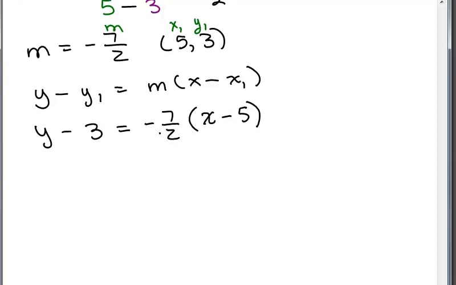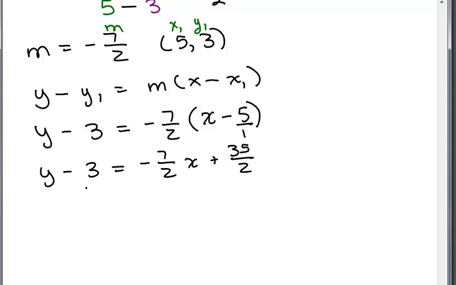So now we have to simplify this and solve for y. So I have y minus 3. Doing the distributive property over here, I have negative 7/2 x. All right, now if you distribute, think of this as 5 over 1, you're going to get plus 35/2, because a negative times a negative will be positive. 7 times 5 is 35. You still have 2 times 1 in the denominator.